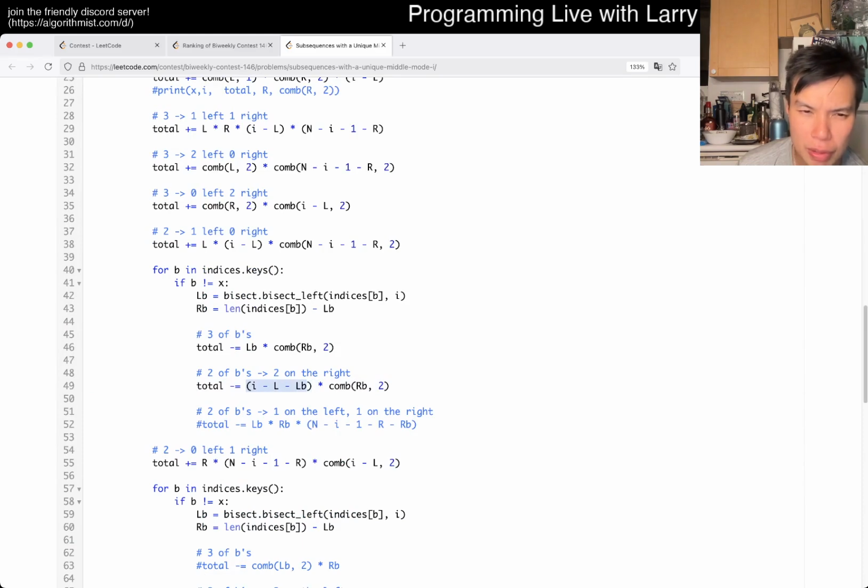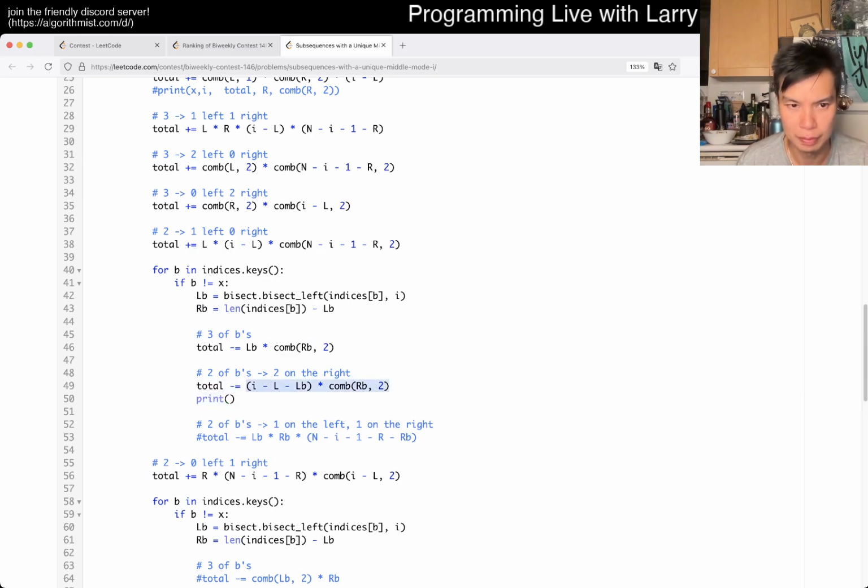Did I do the math wrong? I is the number of numbers to the left, okay, yeah. And then L and LP. RB choose 2, it should be 1, right?